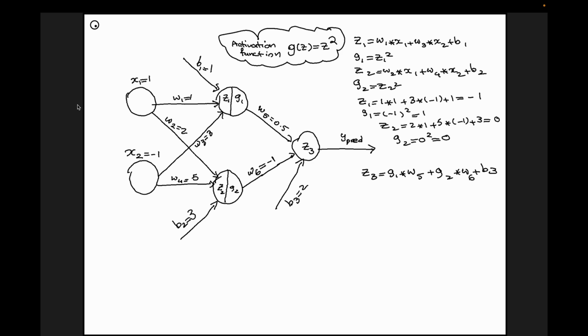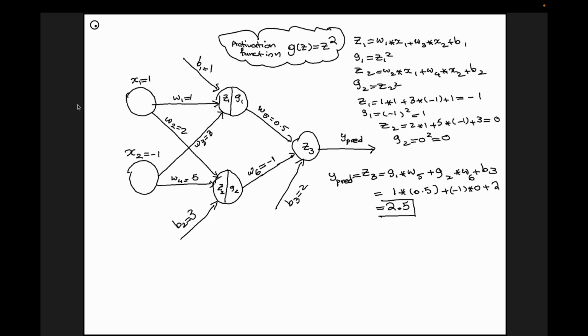G1, we calculated that to be 1. So 1 times 0.5 plus -1 times 0 plus 2. So the answer is simply 3.5. Sorry, 2.5. So that's the final answer of our prediction. So Z3 is our Y prediction.